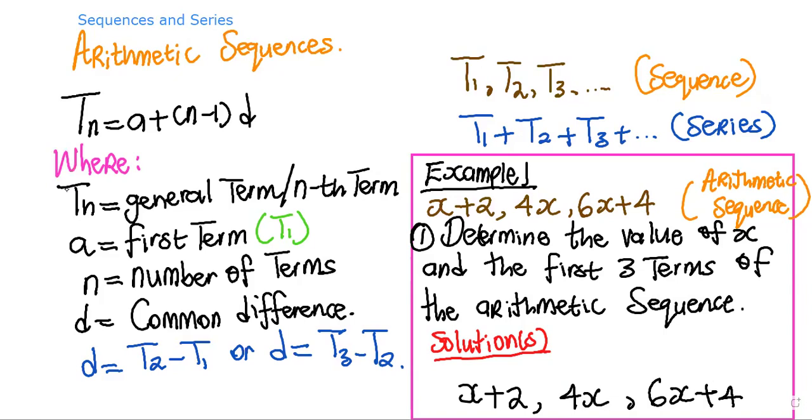For you not to make mistakes before you continue, just write that this represents your T1, the first term, that represents T2, the second term, and that represents T3, your third term, right? Rather, let me write it here to avoid confusion. So you have x plus 2, you have 4x.